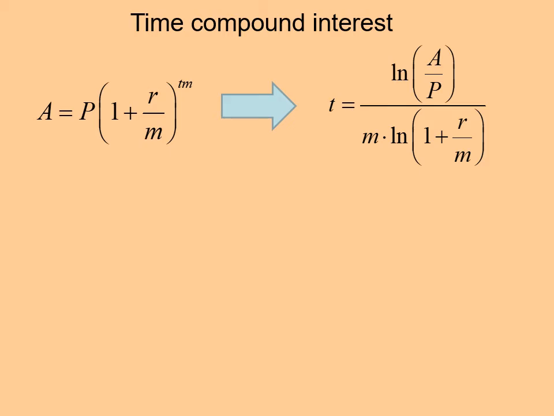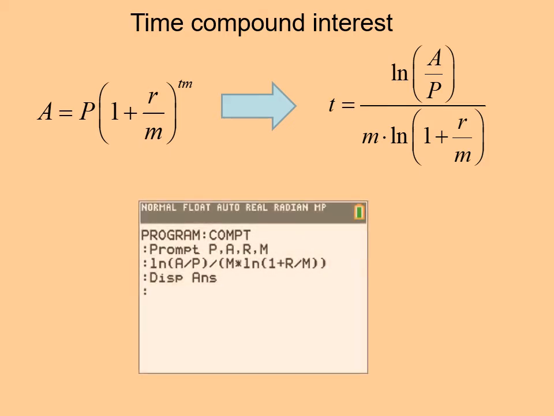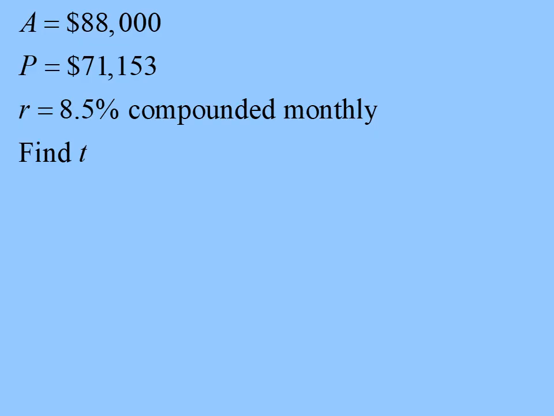And the program for that would look like this. Let's try that out with this problem. Now, remember, monthly means we're going to be using a 12 for the M.